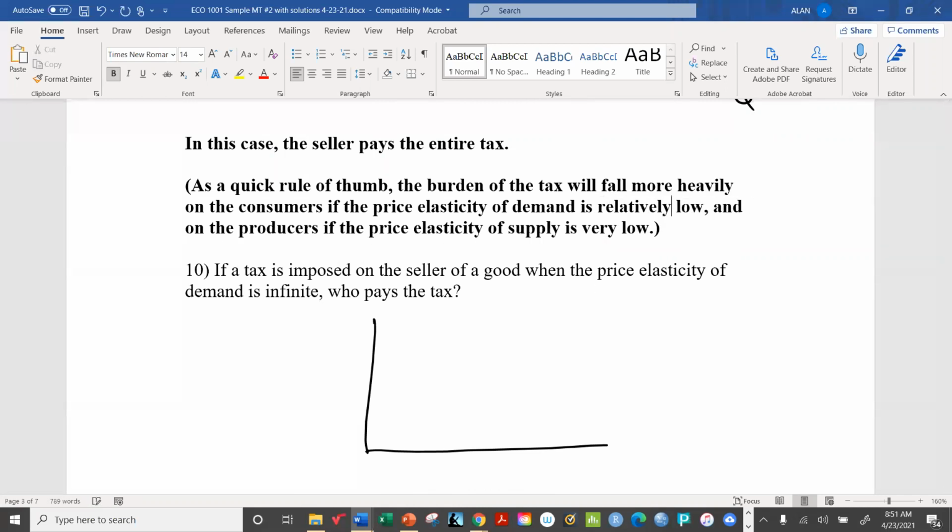In other words, what we're really trying to capture is which one is lower, the price elasticity of demand or supply. So let's change this to relatively low, which means compared to the other one. They could both be fairly high, but if the elasticity is higher for supply, then the consumers will pay most of the tax. So here, the opposite case is happening. Here we have the elasticity is infinite.